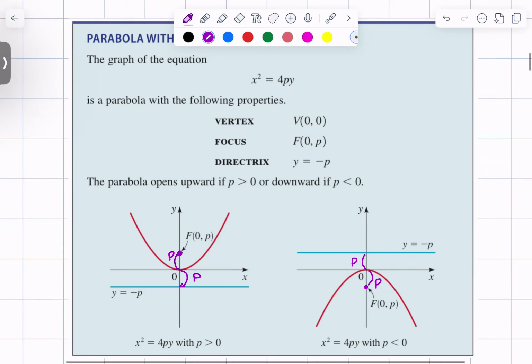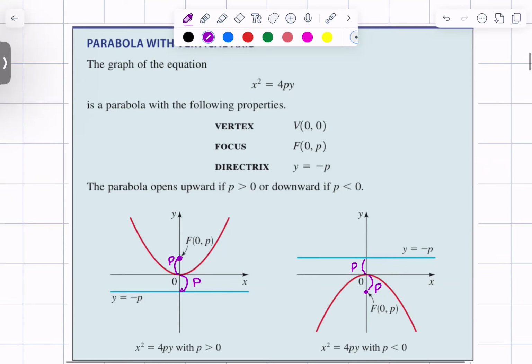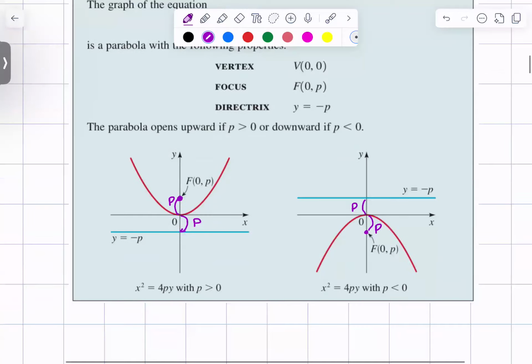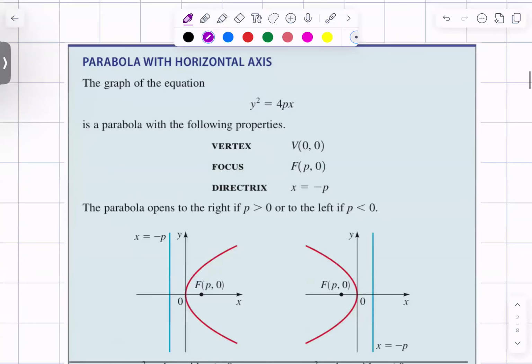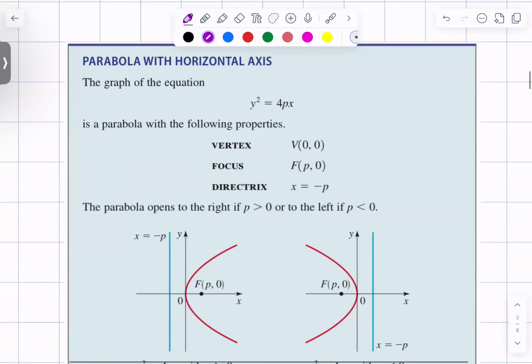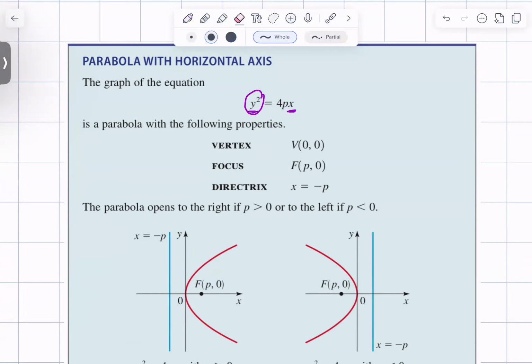Questions on this? No? Moving on to a horizontal axis, one that's facing left or facing right. Notice that it's y squared. So for every x value, there are 2 y values, making it horizontal, like this.